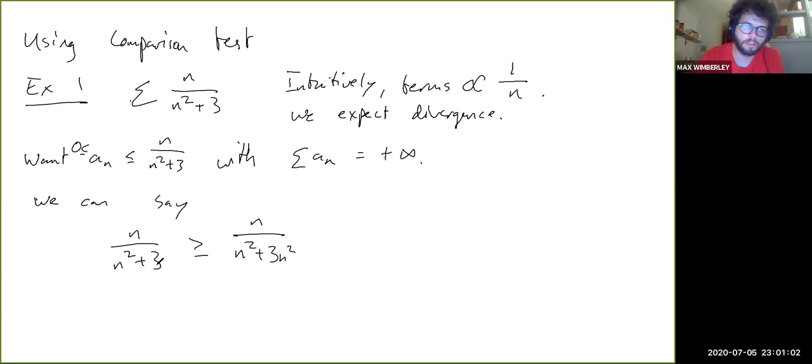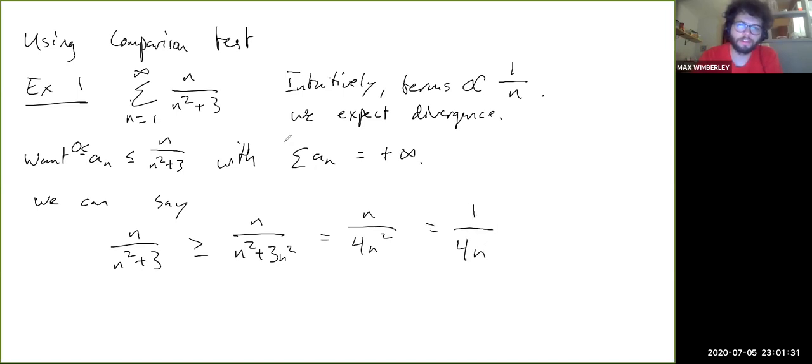So I just put in an n squared here because, if n is greater than or equal to 1, this should be from n equals 1 to infinity. If n is greater than or equal to 1, then 3n squared is bigger than 3. So we made the denominator bigger, so the overall value goes down, but then this just equals n over 4n squared, which is 1 over 4n.